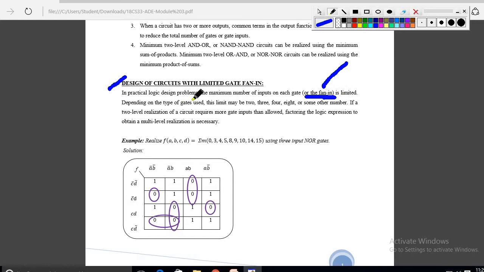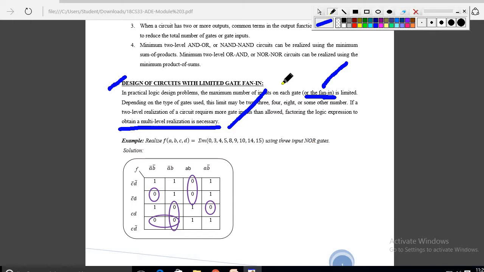Depending on the type of gate used, this limit may be 2 or 3 or 4 or 8 or some other number. If a two-level realization of a circuit requires more gate inputs than allowed, factoring the logic expression to obtain a multi-level realization is necessary. Is it clear?